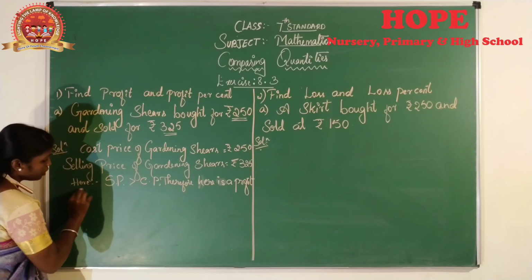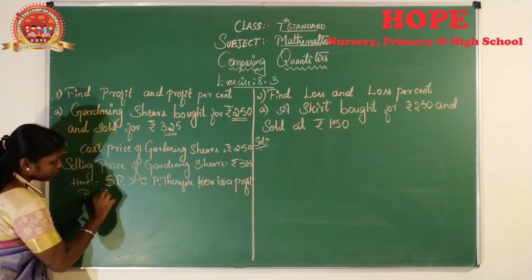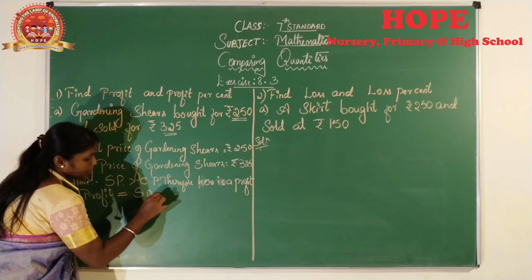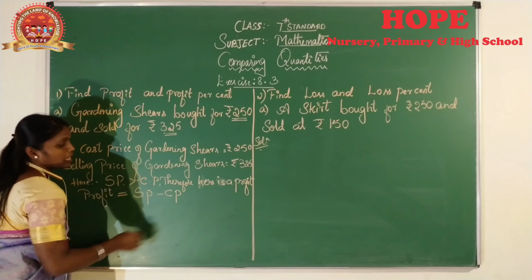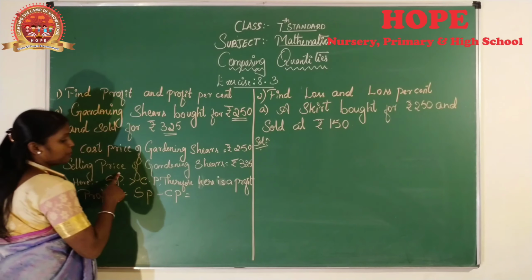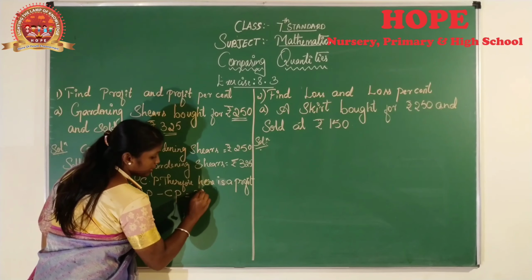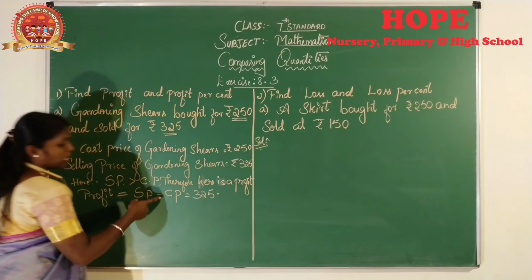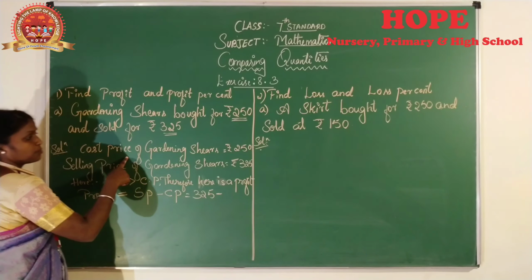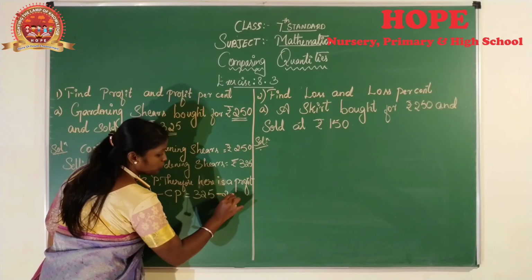To find out the profit, the formula will be SP minus CP. What is the value of SP? Selling price, that is 325. The value of CP, the cost price, is rupees 250.